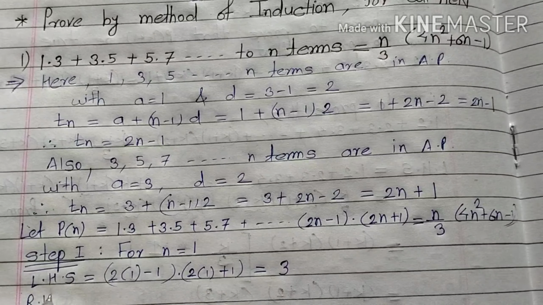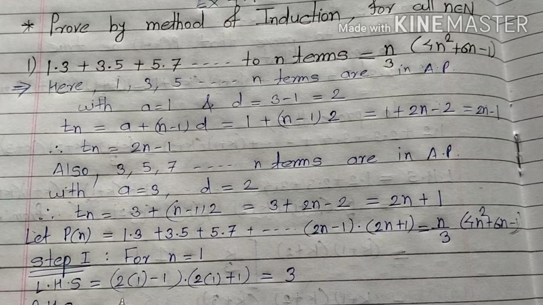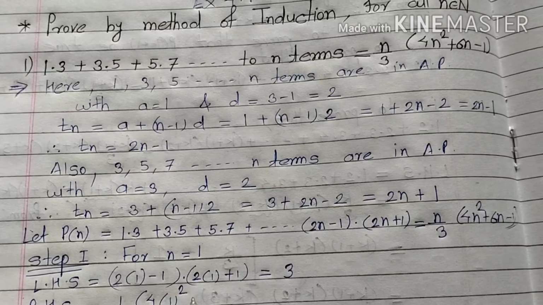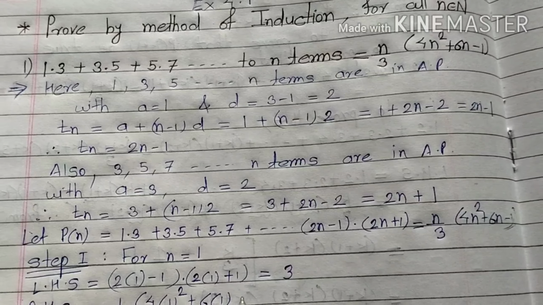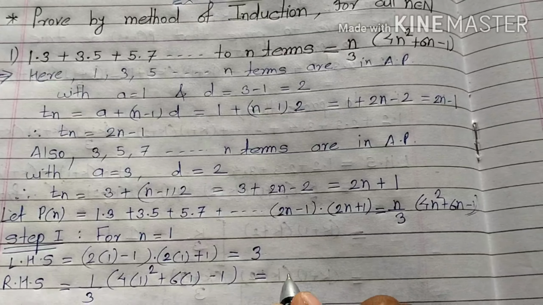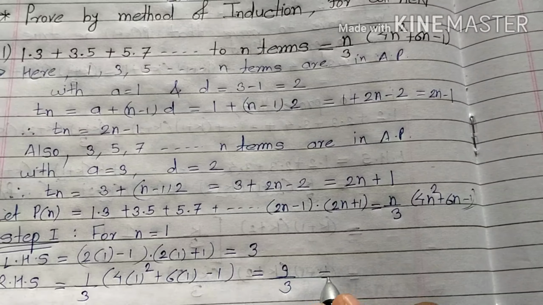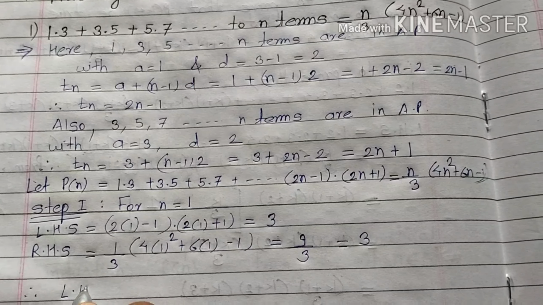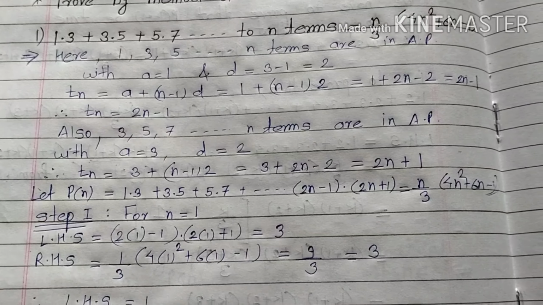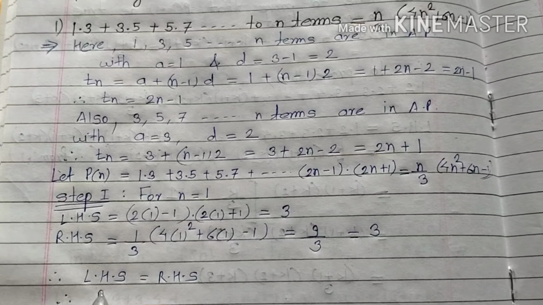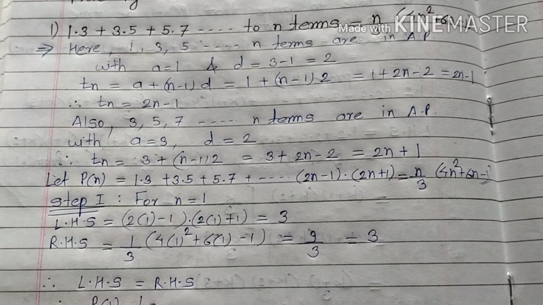Now we take RHS, so it is 1 by 3, (4 into 1 square plus 6 into 1 minus 1). So here we get 9 by 3, which is equal to 3. So therefore LHS is equal to RHS. And we conclude that P of 1 is true.